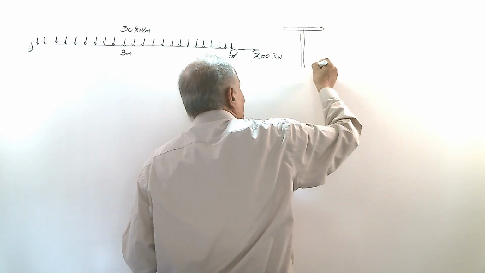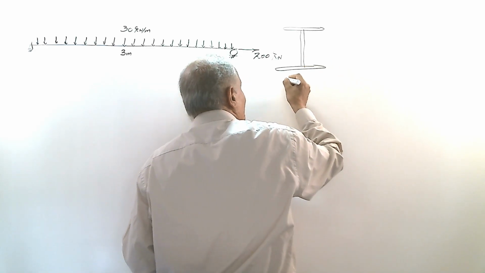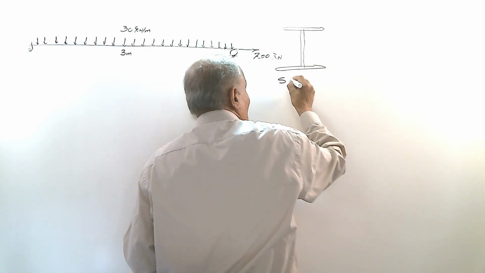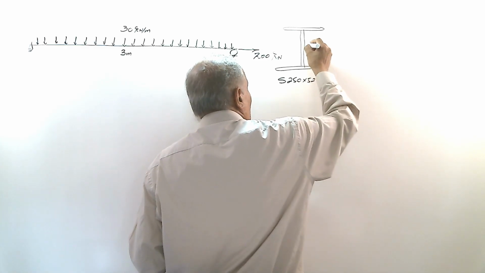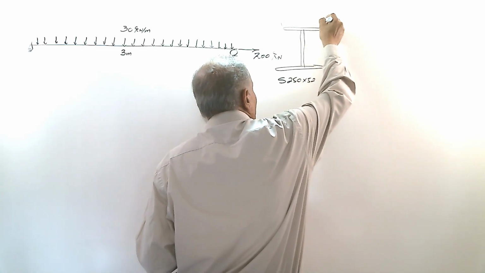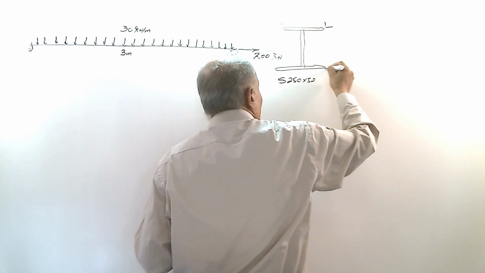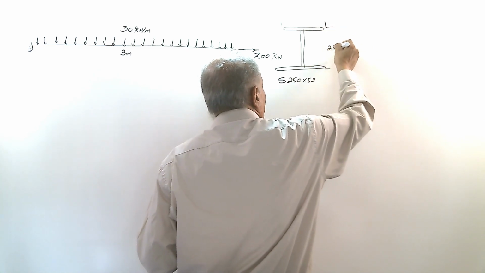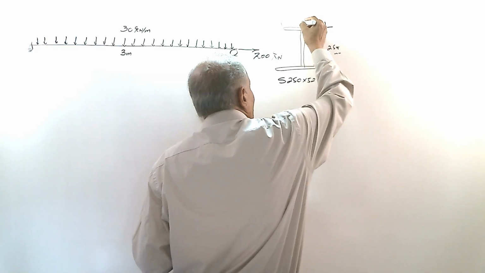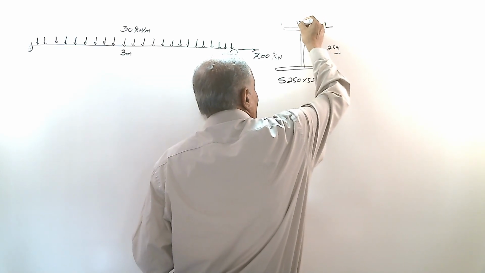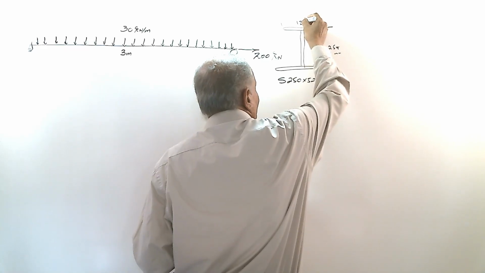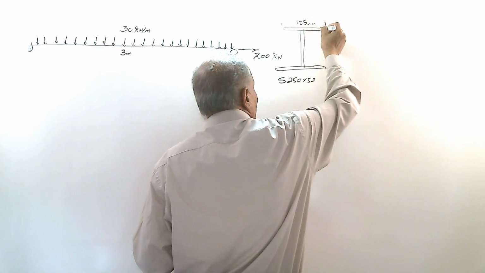Its I-beam cross section is S 250 times 52, which is 254 mm deep. This is 125 mm.